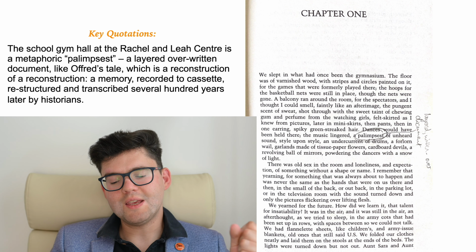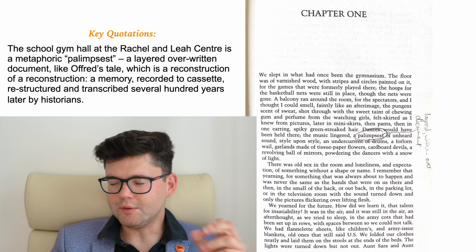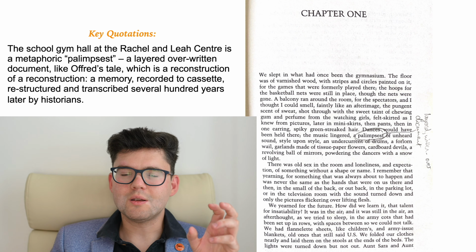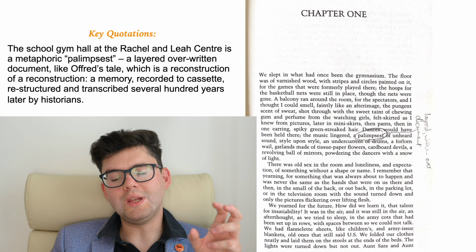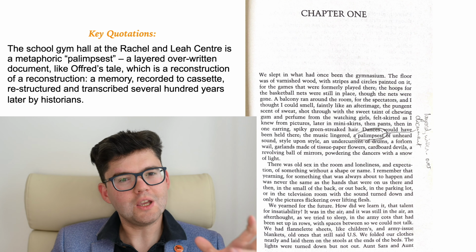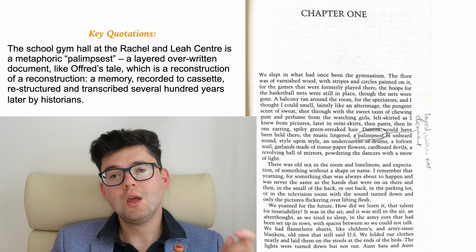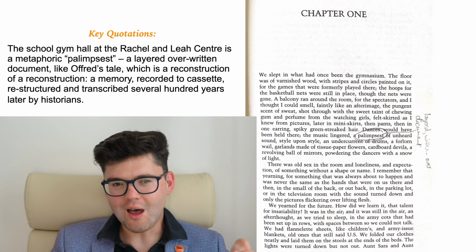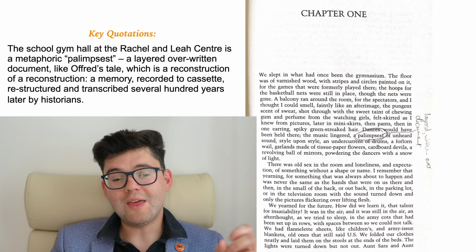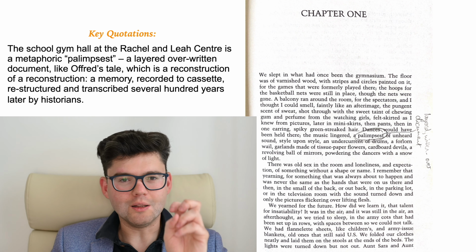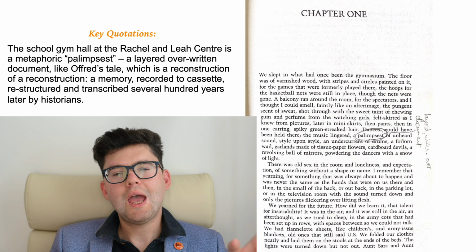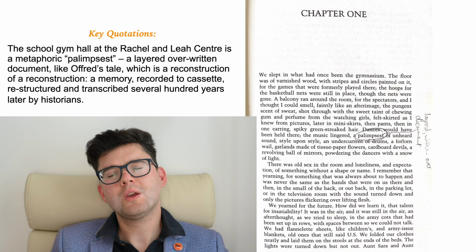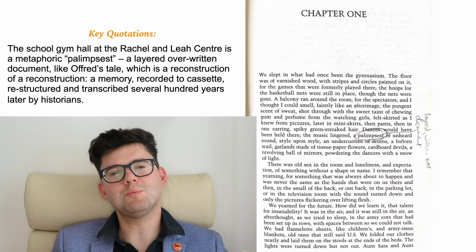The reason that this has a thematic relevance to the whole novel, and I'm going to throw in an enormous spoiler here straight away, is that by the end of the novel we get to the fictional historical notes. Don't make the mistake of not reading those thinking that they're not part of the story. They are. And we get the revelation that the whole tale, the whole story, has been unearthed in an archaeological dig by historians who have found a set of cassette tapes.